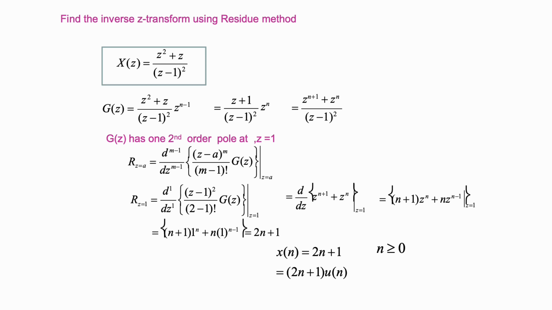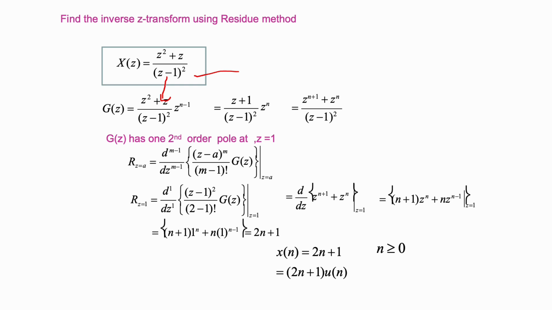So what is the formula? g(z) is equal to X(z) z power n minus 1. X(z) is the given problem, so you substitute it here, then multiply with z power n minus 1. From these two, take z as common; z and z inverse get cancelled, and this is the remaining term.